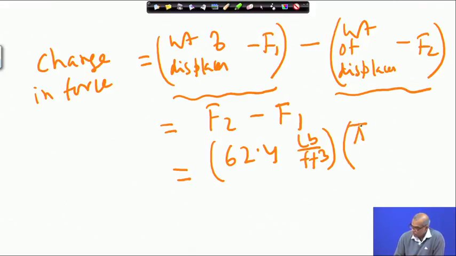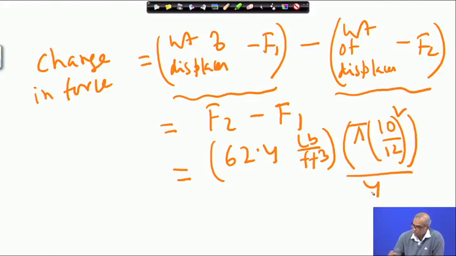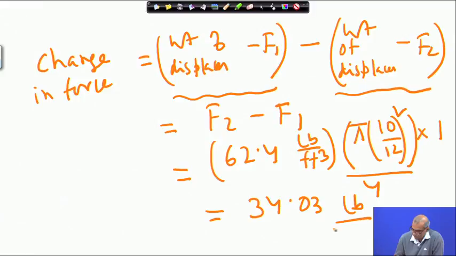So, pi d square, I have 10 inch, 10 by 12 whole square, by 4, and 1 feet, L1. This will turn out to be 34.03 pound. So, you have to take care of the unit.